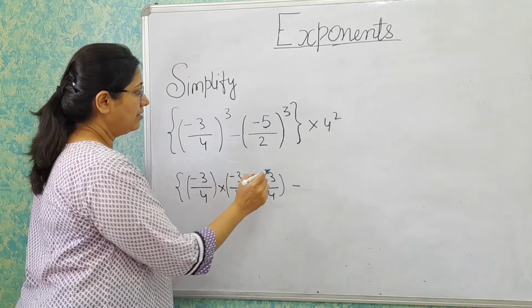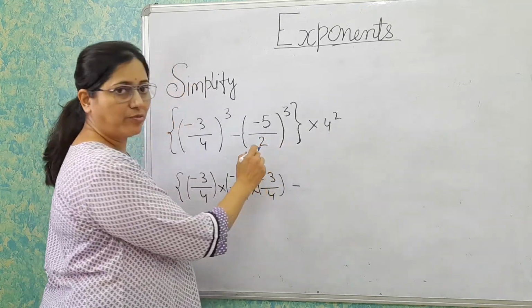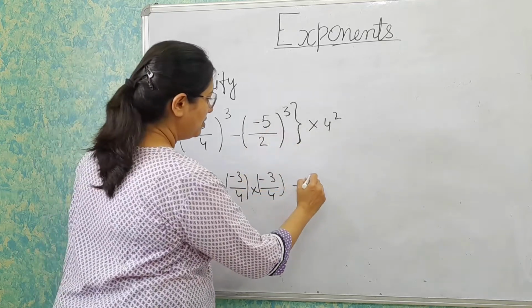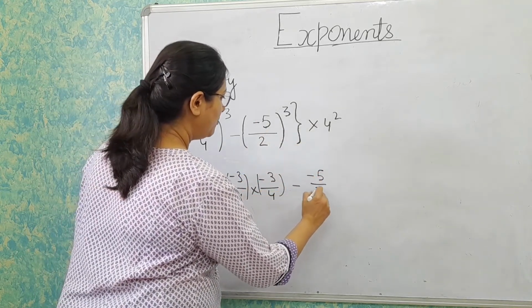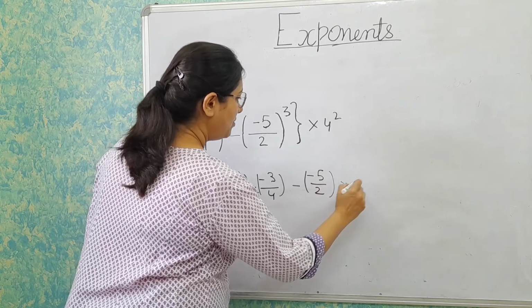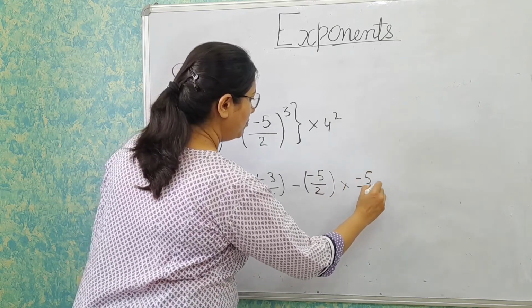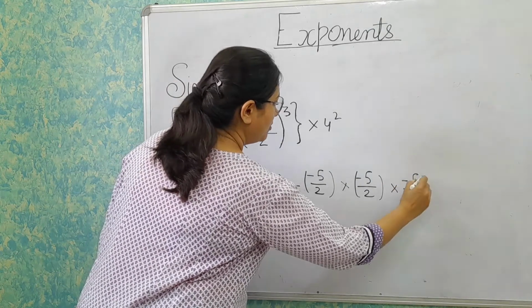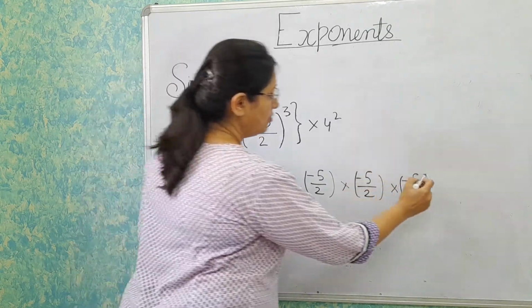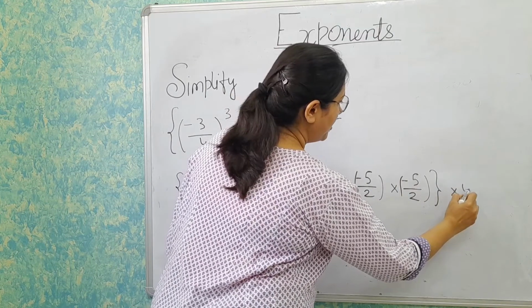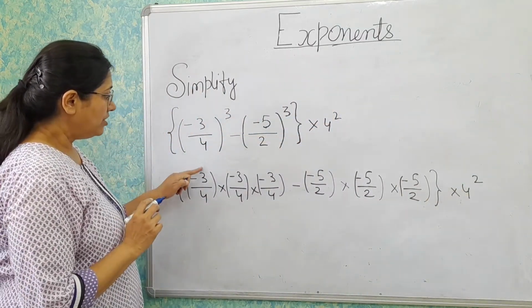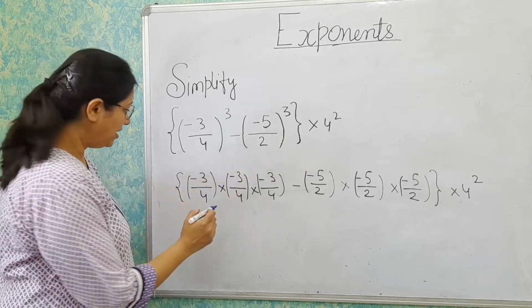Then a negative sign, again minus 5 upon 2, I have to multiply minus 5 upon 2 for 3 times. So I can write it as minus 5 upon 2 multiplied by minus 5 upon 2 again multiplied by minus 5 upon 2. Now I will close the middle bracket, multiplied by 4 raised to the power 2. Now 3 threes are 9, 3 nines are 27.